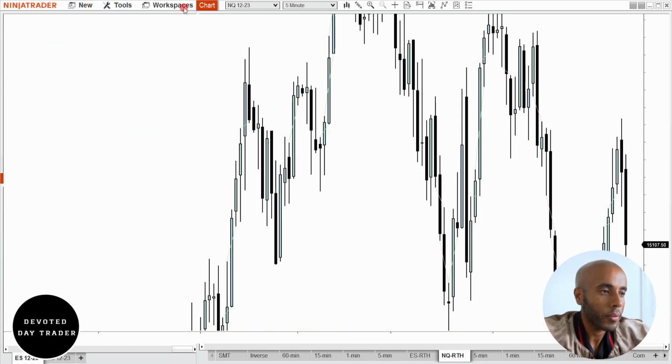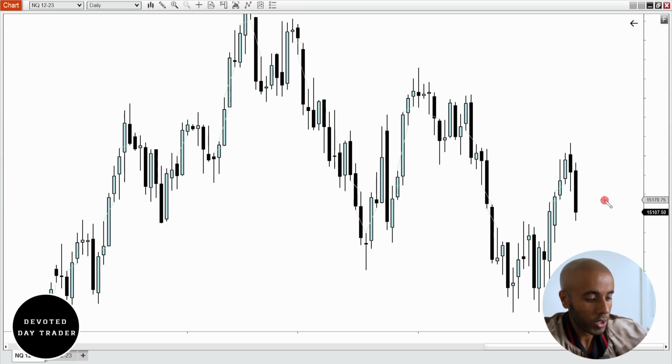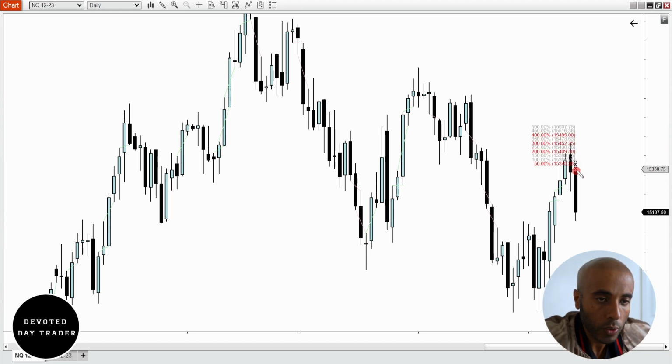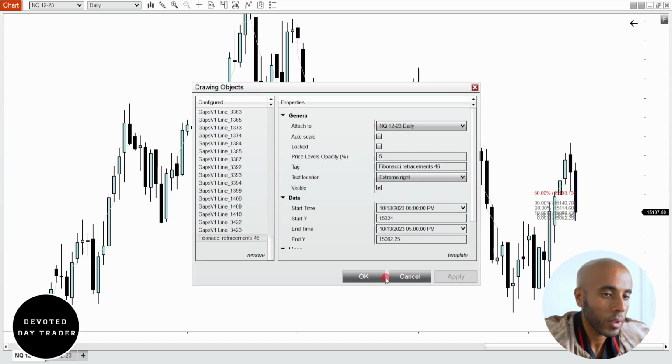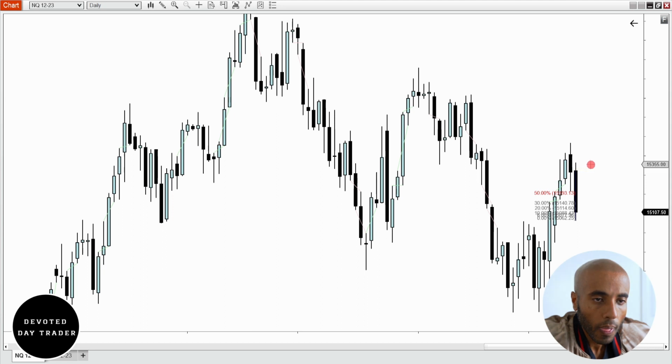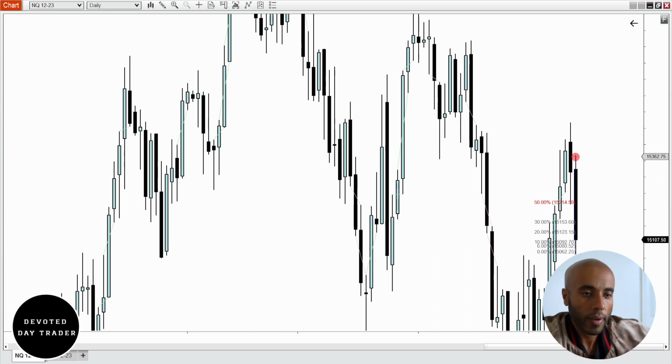On the daily chart, I was paying attention to where NQ may potentially close. So this is the open of the week, and this is the close. Go to template, load, closing retracement. Make sure that it's anchored to the high of this candle.